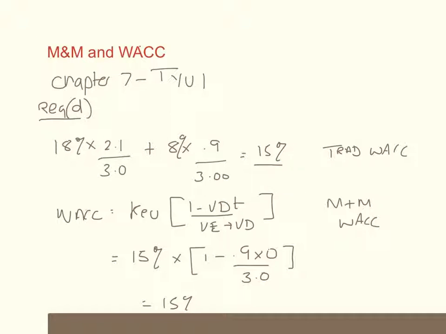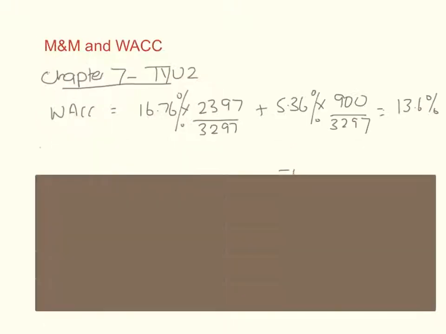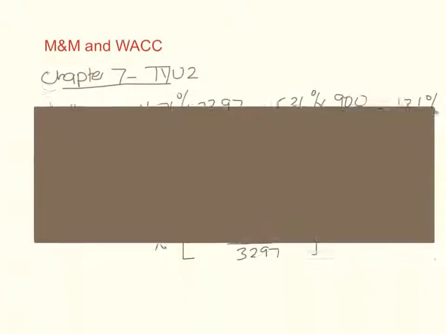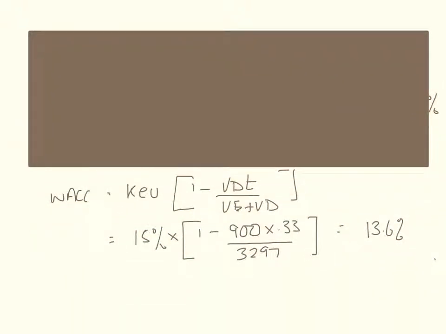Now it's exactly the same if we look at the second example. The second example included tax, and this was the weighted average cost of capital figure that we worked out using, if you like, the traditional method. 13.6 was the answer, and this is the answer using the Modigliani and Miller method.